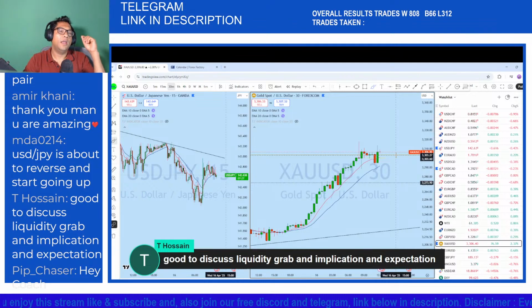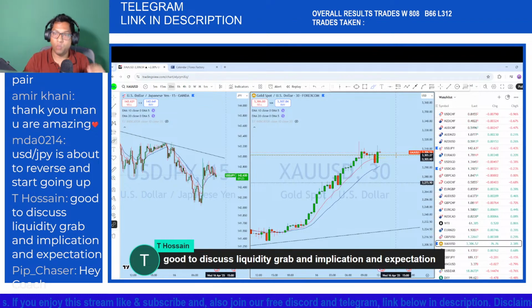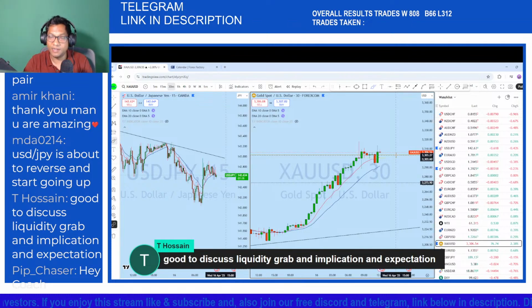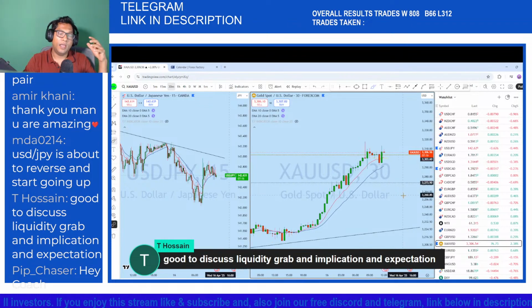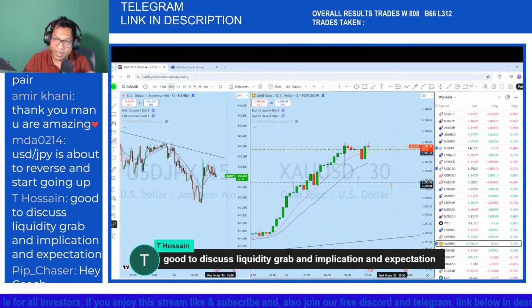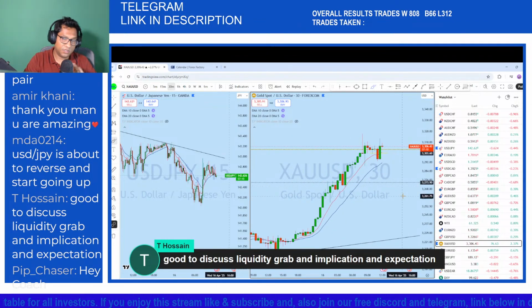So when they trade, the market moves, and the market moves in the direction that they trade. Then as a retail trader, if you are trading like a retail trader, then probably it's not going to work.